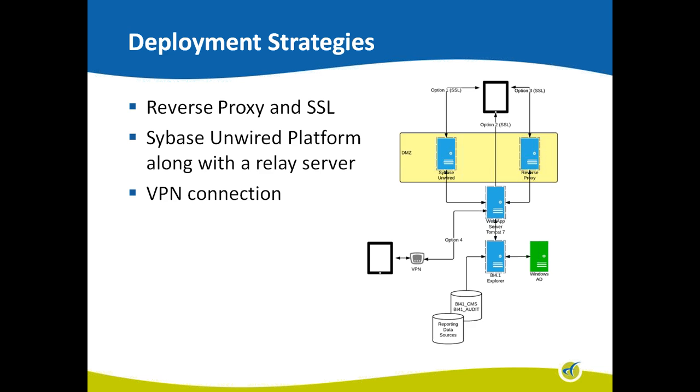We can do a similar type of structure within the Sybase Unwired Platform. It has a concept of a relay server and proxying ideas, and so that's another option. I'm showing an option here where we're going directly out from the mobile devices through the DMZ back to my web application server. The web application server in this mode can be in the DMZ, or behind the DMZ, realizing that I would just be opening port 443 if I have an SSL certificate being provided.